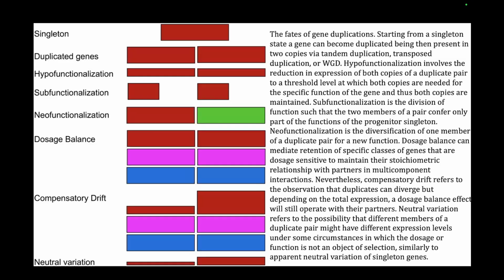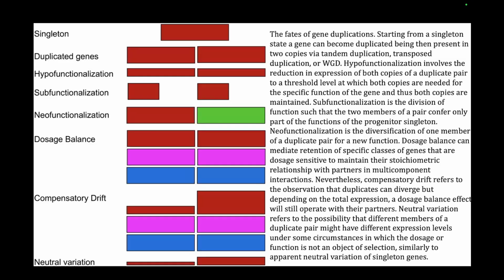You reduce the expression of both the genes, so that both the copies can be expressed to reach a certain threshold of gene expression which is required for the cell to function. So both the copies will be maintained.